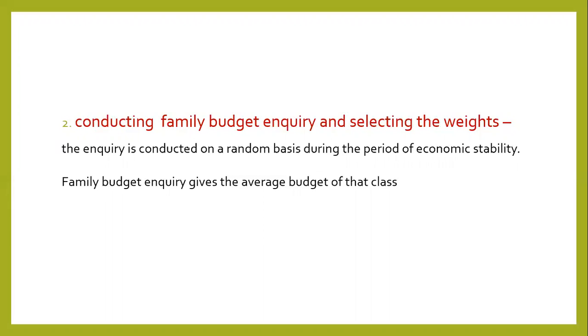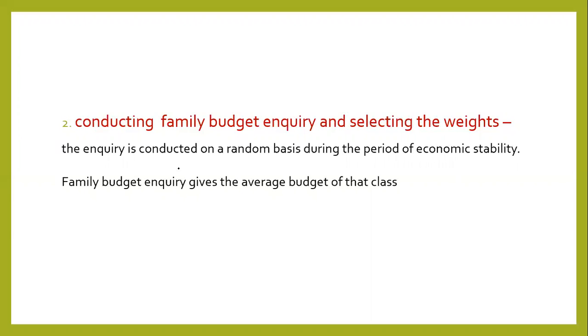You should know their budget, their expenses on the various consumption that they make. And you have to classify the consumptions they make, the items they use, maybe clothing, a house, fuel, other miscellaneous expenses, lighting, rent, all these. So you have to classify the basic items that they use. That is also very important.